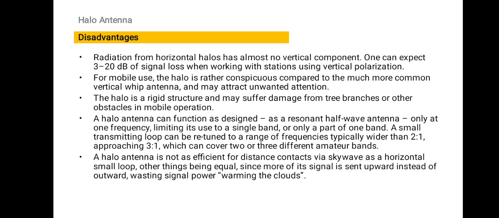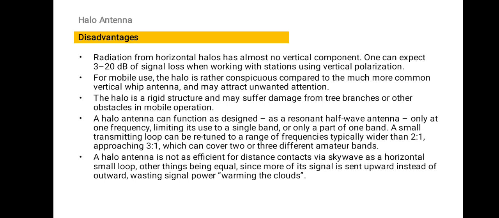A halo antenna can function as designed as a resonant half-wave antenna only at one frequency, limiting its use to a single band or only a part of one band. A small transmitting loop can be retuned to a range of frequencies typically wider than 2 to 1, approaching 3 to 1, which can cover 2 or 3 different amateur bands.